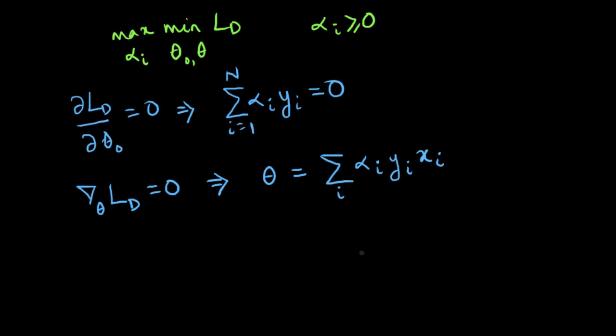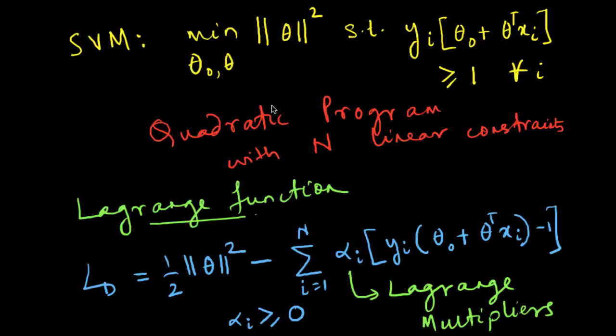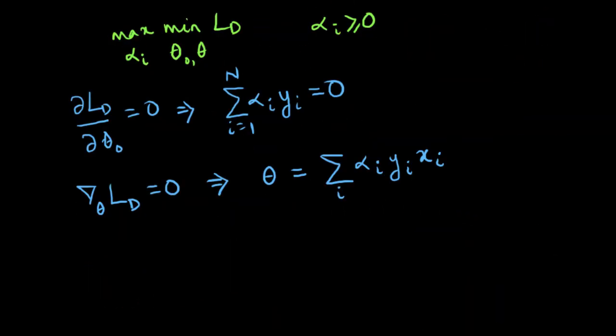And now when you take this expression for theta and substitute it back into this Lagrange function, what you get is what is called the Lagrange dual objective function.